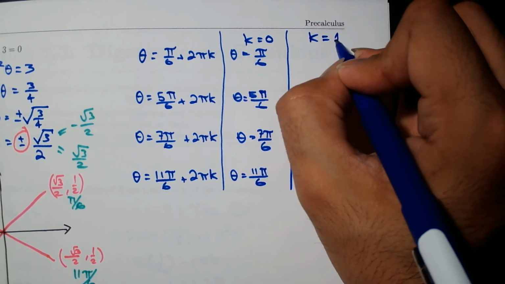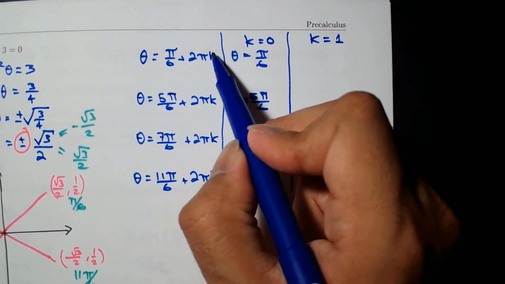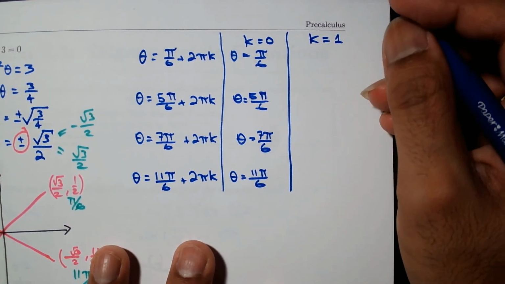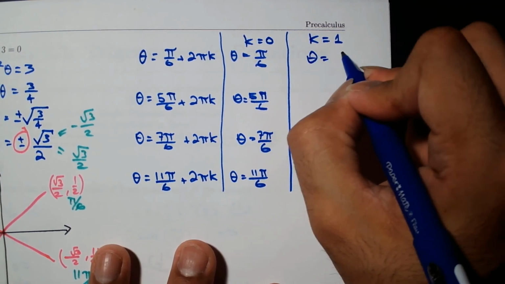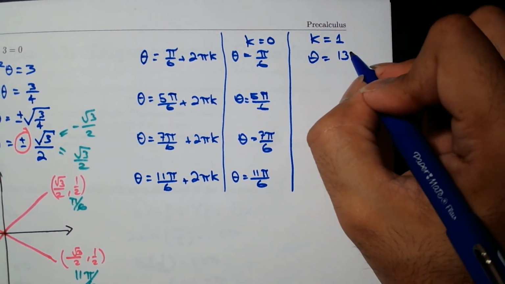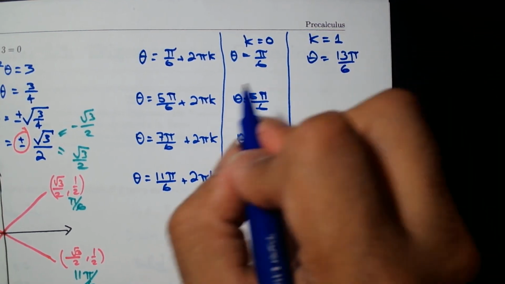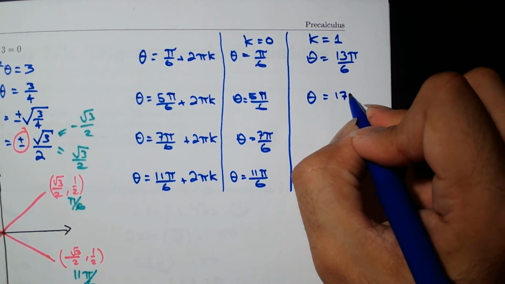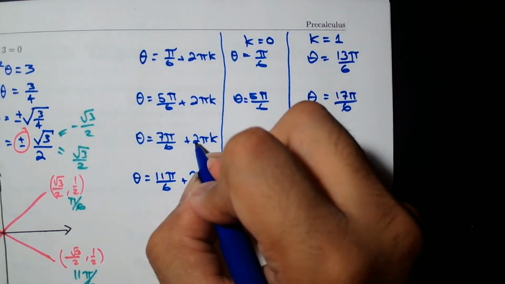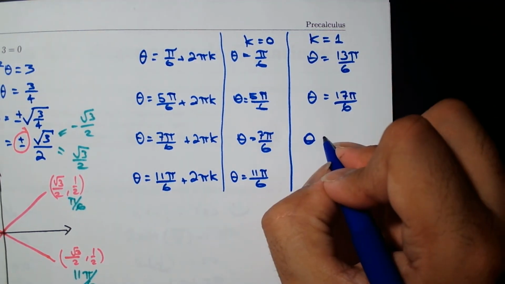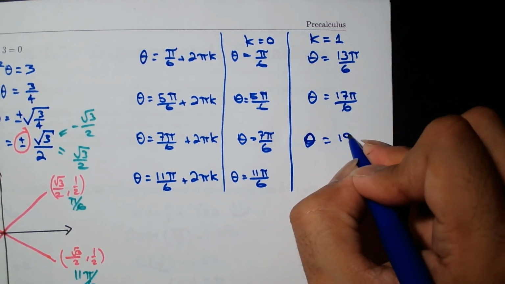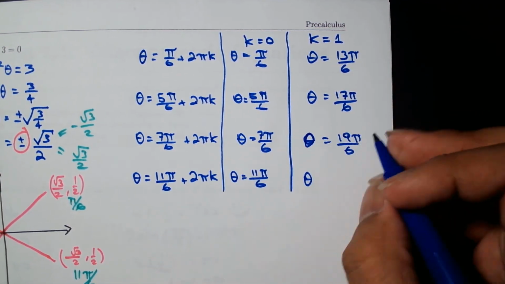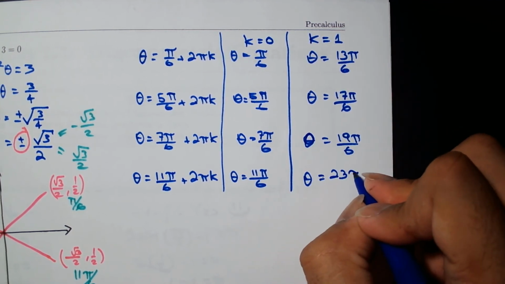Let's do the same with k equals 1. If I plug in 1 here, I'm going to get 2 pi, 2 times 6, that's 12 plus 1, that's theta equals 13 pi over 6. Same here, 2 times 6, that's 12 plus 5, that's 17 pi over 6. Then 12 plus 7, that's 19 pi over 6, and 12 plus 11, that's 23 pi over 6.